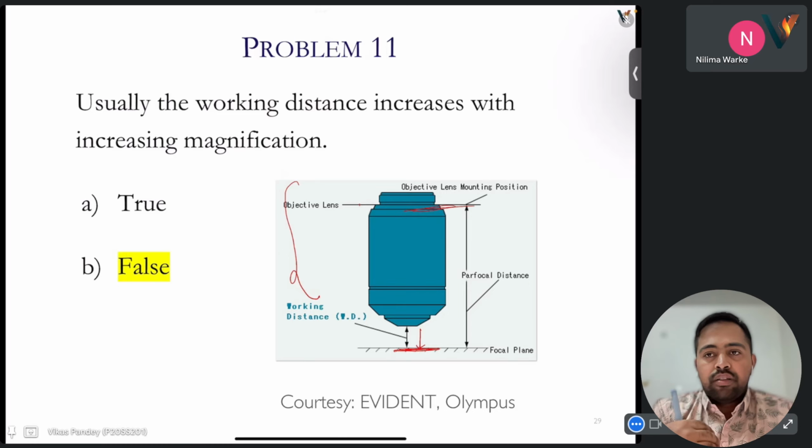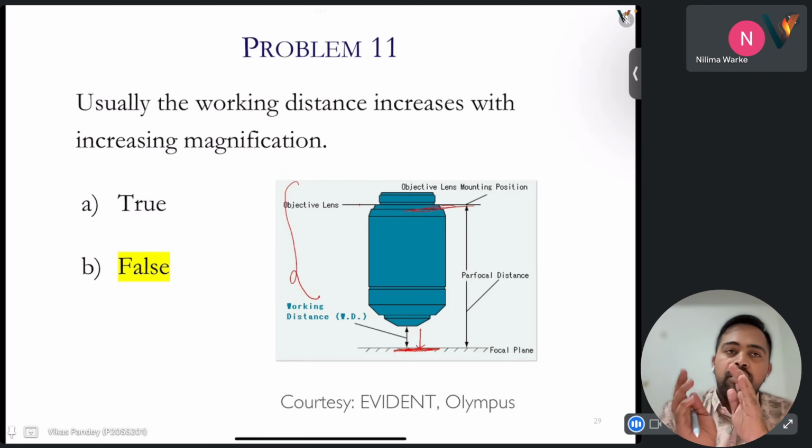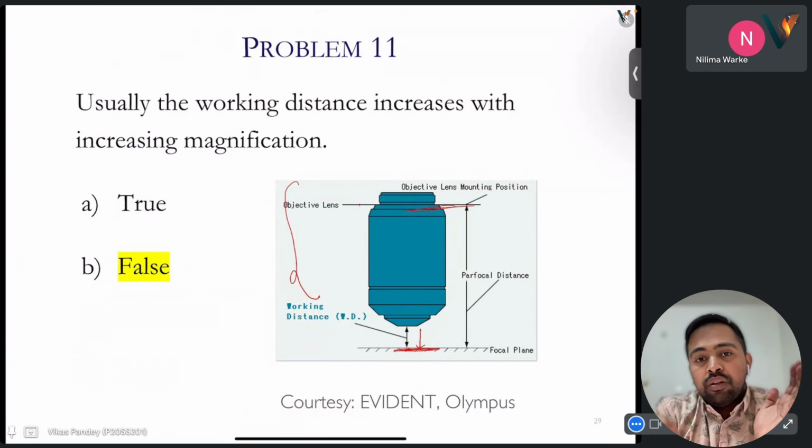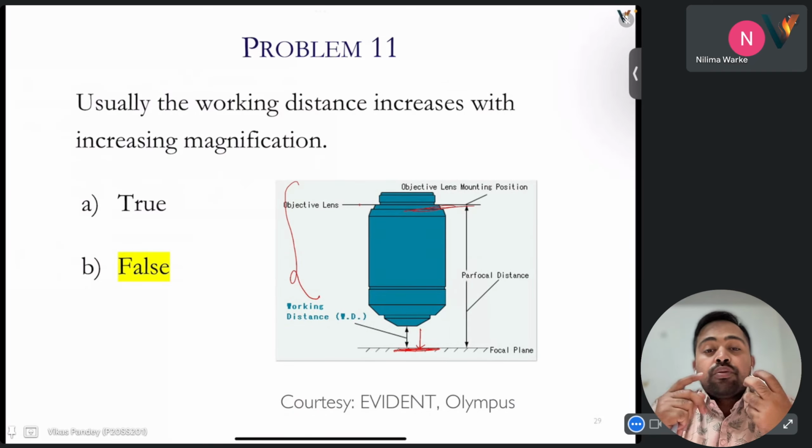So 100x will be there, but it has some range. Like the total can differ from maybe 80x to 100x, like that. Okay, so that variation we can bring by changing the working distance.